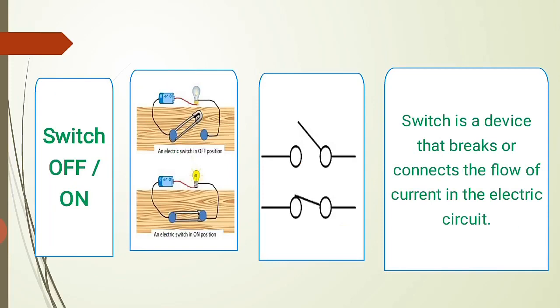That's why it is called the on position. In this position, current flows through the circuit. Next, a switch is a device that breaks or connects the electrical circuit.